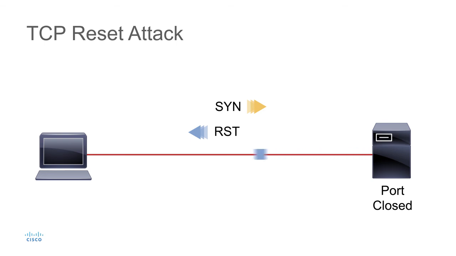But you see, if an attacker takes advantage of this method, then he could spoof the server and send reset messages back, making it impossible for a client to establish a three-way handshake and thus talk to anybody. So this is a technique that we use in our IPS devices to terminate unwanted sessions. But when it's used by an attacker, it has the potential to cripple network communications. So as a security analyst, we need to be able to spot this activity when we are auditing our network activity.